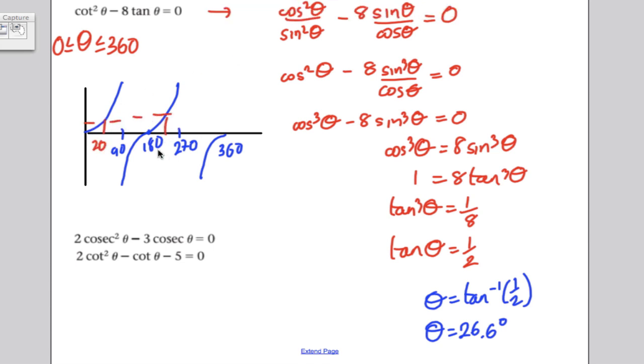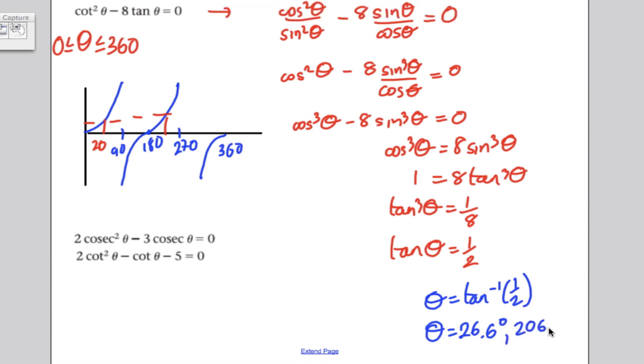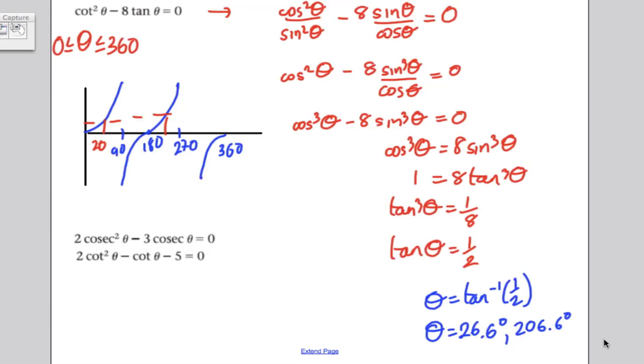It would also equal here at 180 plus 26.6 degrees. So the other one would be at 206.6 degrees. So the other theta would be at 206.6 degrees. And that hopefully was the answer to that one. So let's go to our answers for that one there. 26.6 degrees and 207 degrees. Yes, to 3 significant figures. We had that right.